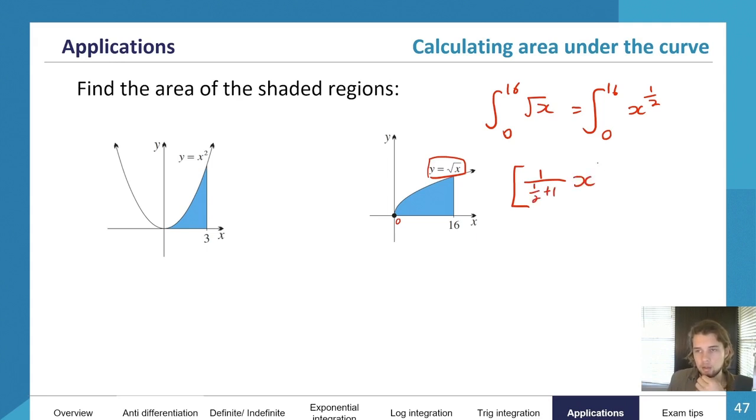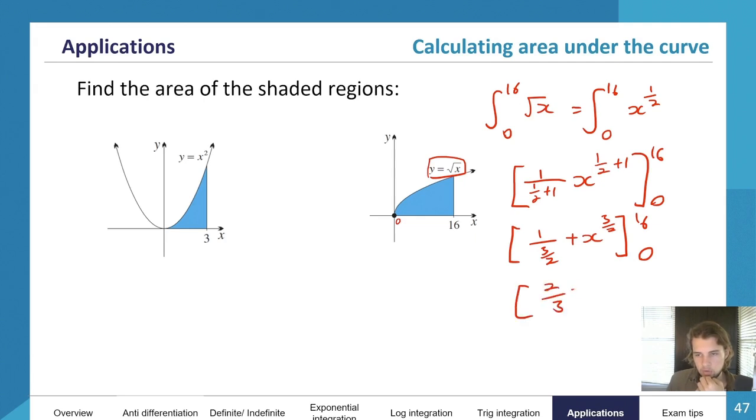That's what we're worrying about here. So that's 1 over 3 over 2 down here, times x to the 3 over 2, which is 2 over 3 x to the 3 over 2.